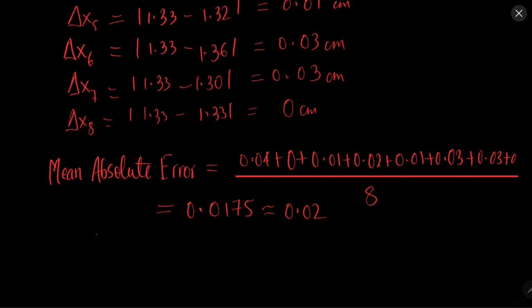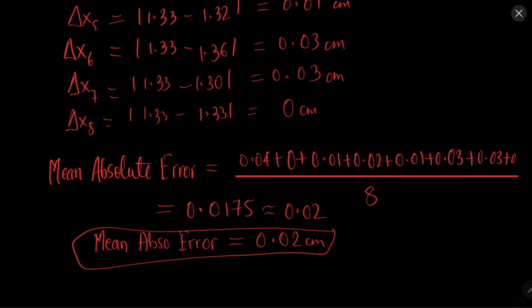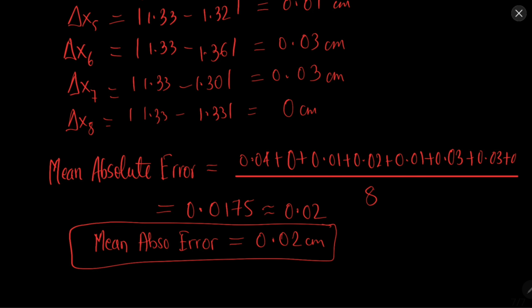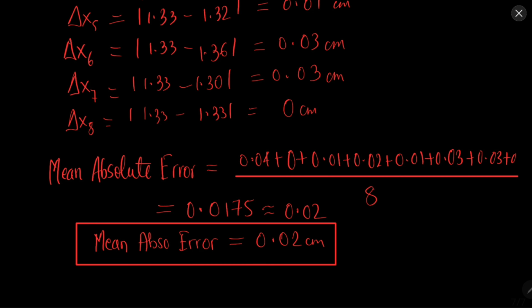So our mean absolute error, overall absolute error, comes out to be 0.02 centimeter. So on an average we committed this much error while measurement, okay, during our measurement we committed this much error.